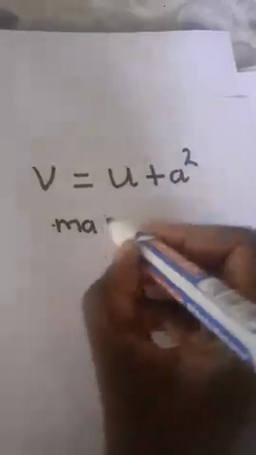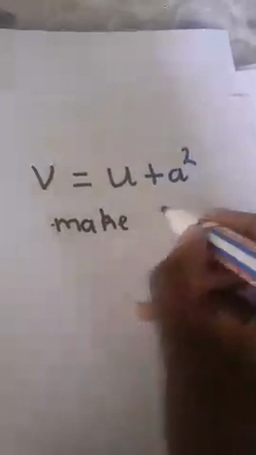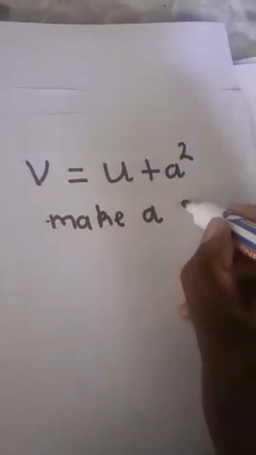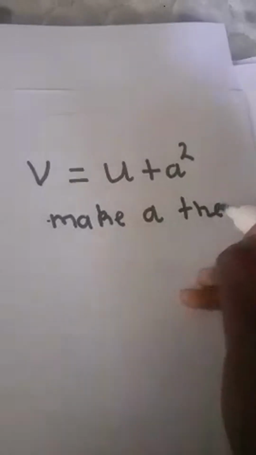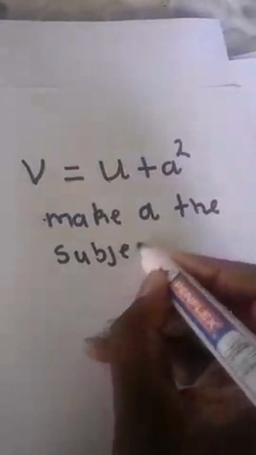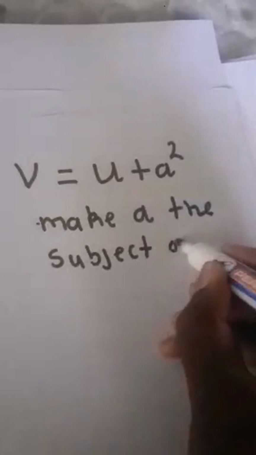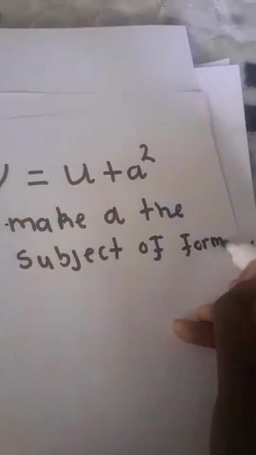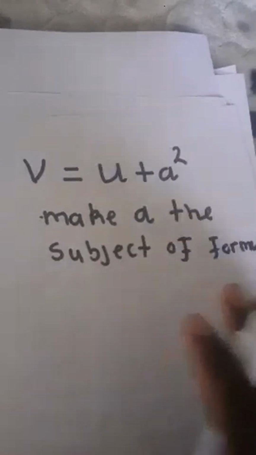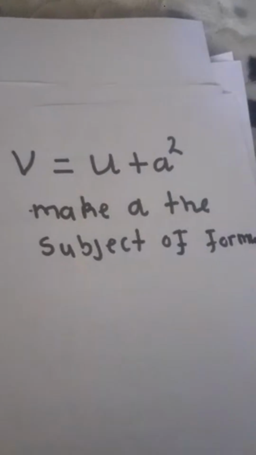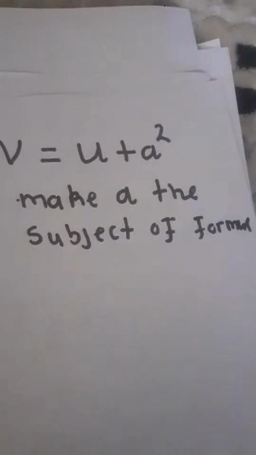Okay, and the question says make A the subject of the formula. So we want to make A the subject of the formula. We want to leave A on its own. So let's make A the subject of the formula.